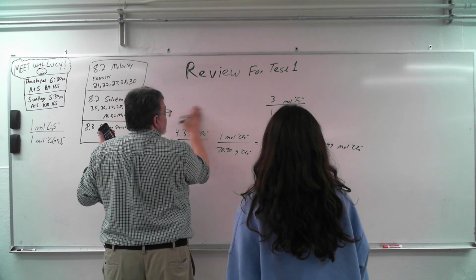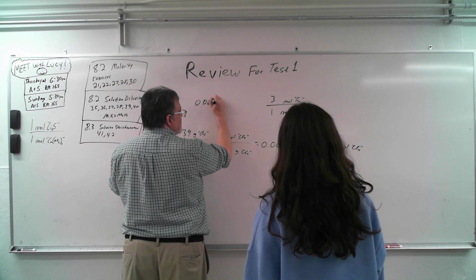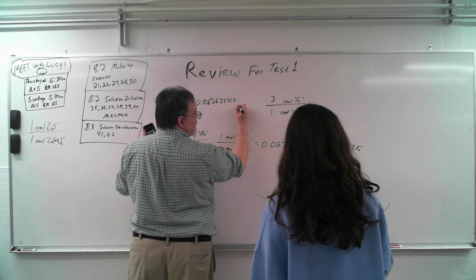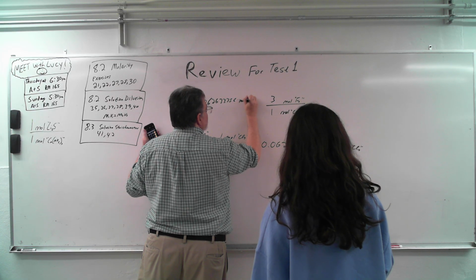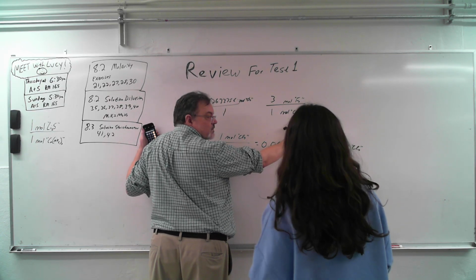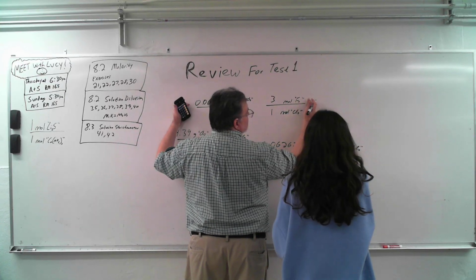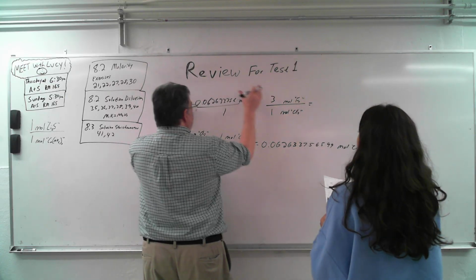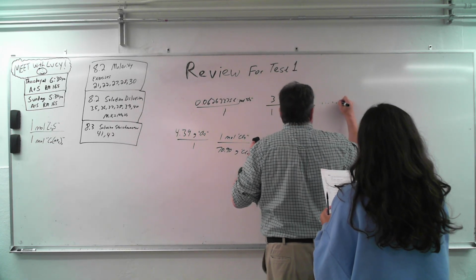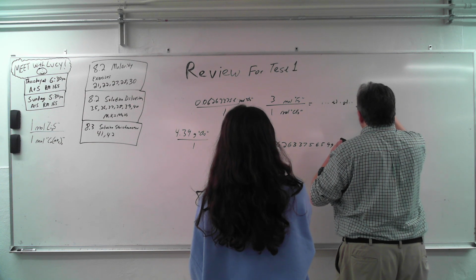So I could erase all that because that's what it equals. Then I could go 0.062633756 and so on moles of Cl2, and notice it still cancels. Your next step would be this. You transfer this up here, the way I do it, I put it over 1. And then you're going to end up with moles of F2.